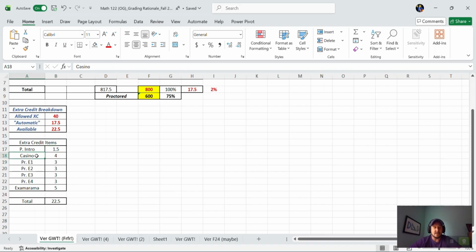And then this is something that I have a previous video on, Mr. C's Casino. I think I'm going to have to cap that at 4 points. And if I have all this spelled out and added correctly, that gives me the remaining 22.5 points, in which they can earn to maximize the 5% bonus point rule.